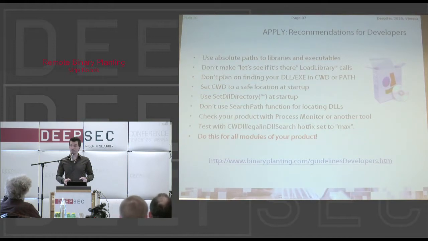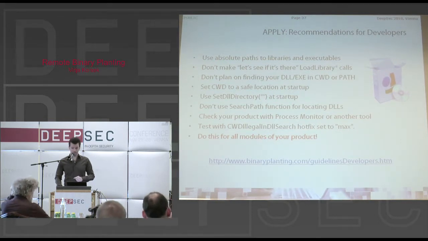I mean, it will be vulnerable. So please use absolute paths. Use environment variables to create those absolute paths, but do it. Don't just let LoadLibrary and other loading functions use their own intelligence, because they're stupid. They're very friendly, very helpful, but they're stupid.